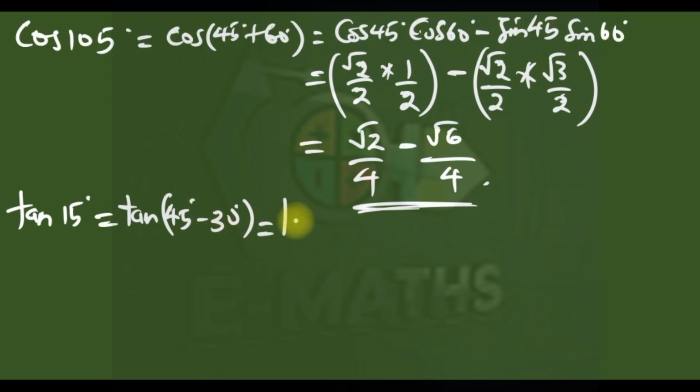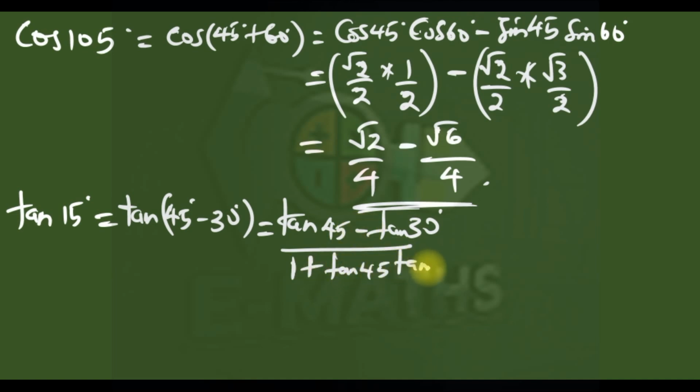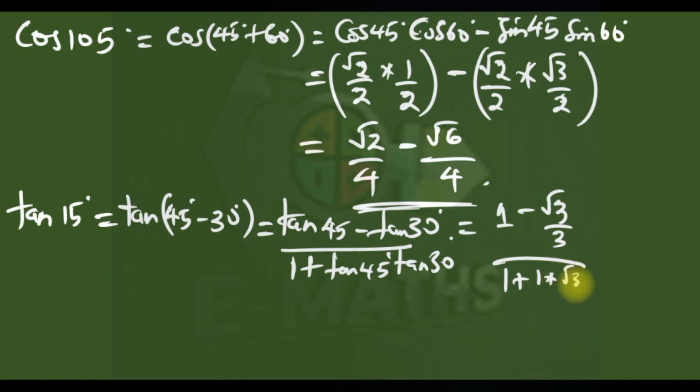So we'll have tan 45 minus tan 30 over, since it's negative here, it's positive, 1 plus tan 45 tan 30. We know tan 45 is 1. So 1 minus tan 30, which is root 3 over 3, over 1 plus 1 times root 3 over 3.